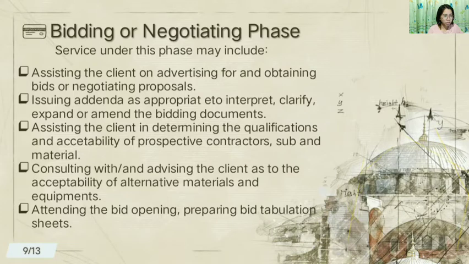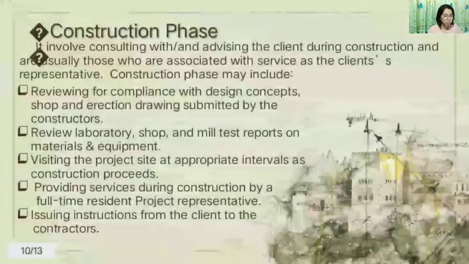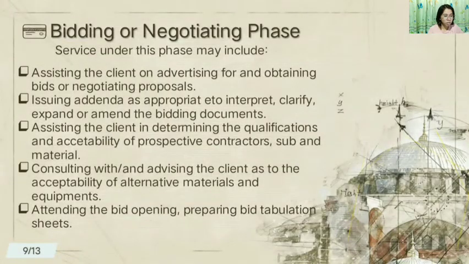Assisting the client in determining the qualifications and acceptability of prospective contractors, subcontractors and material suppliers. Next is consulting with or advising the client on the acceptability of alternative material and equipment. Next is attending the bid opening and preparing the bid tabulation sheet.